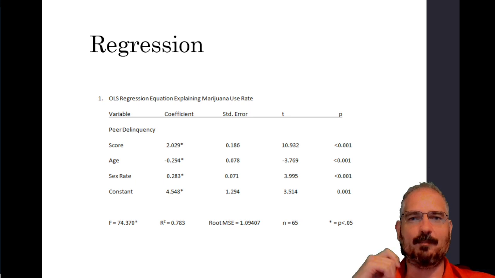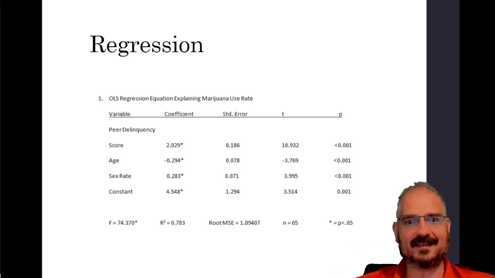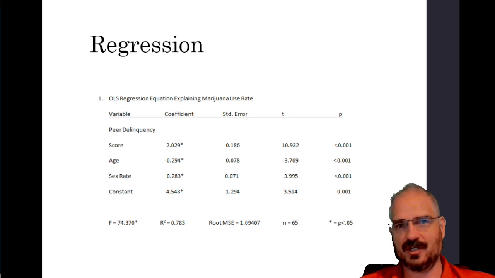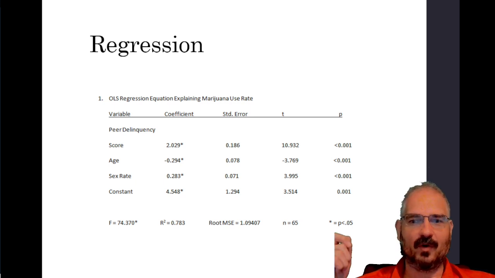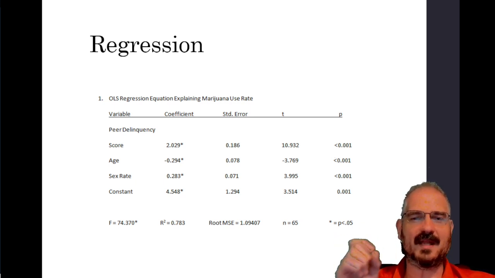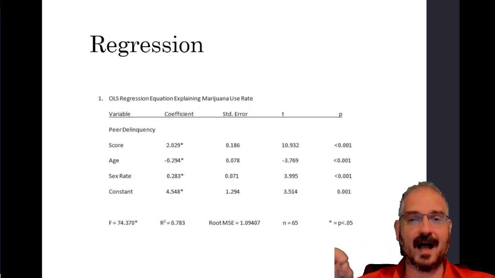That P is the probability that we would be seeing what we're seeing if in reality there was no relationship between these two variables at all. And so to be statistically significant, that p-value needs to be at 0.05, i.e. 5%, or less.